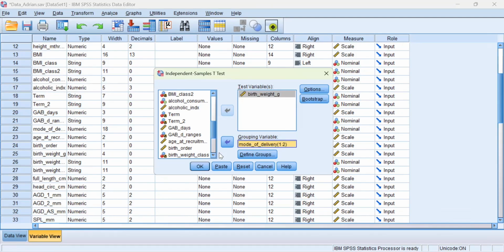You will use the log form. But when you're reporting your data, you're going to convert it back to the normal unit, because if you take the log form, you will no longer have that 3,000 grams.